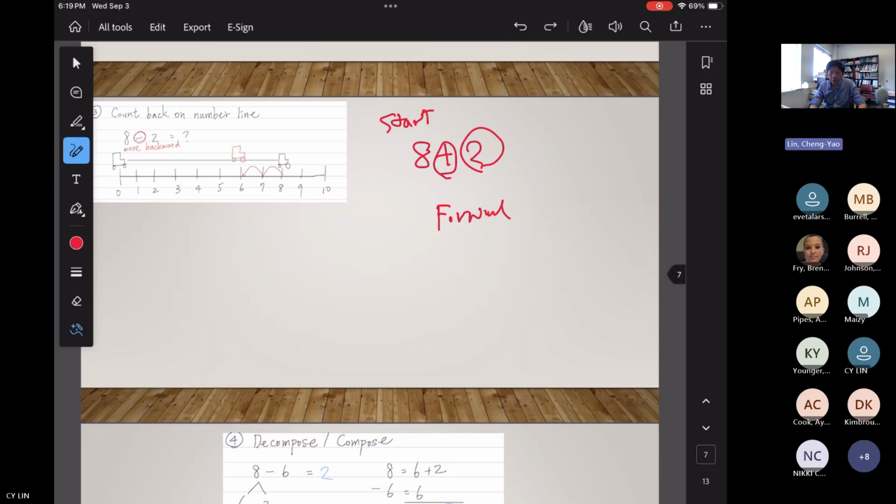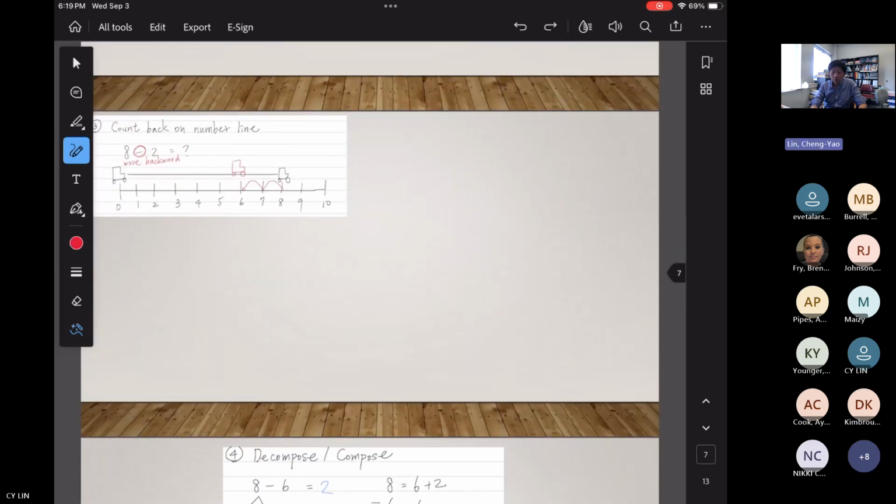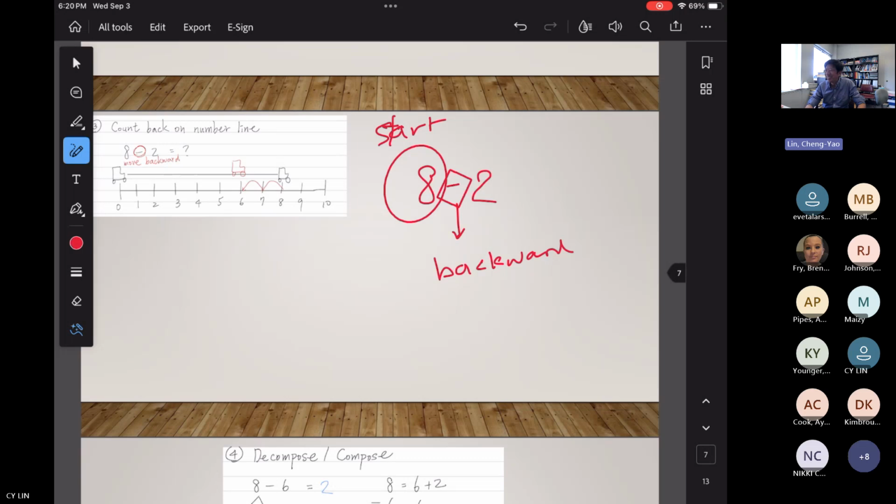Now here, subtract. Again, we have 8 minus 2. And we're going to give a meaning for each. This means start. This means forward or backward. Backward this time because subtract. Just checking you are paying attention. Right? Okay. Now 2 units.